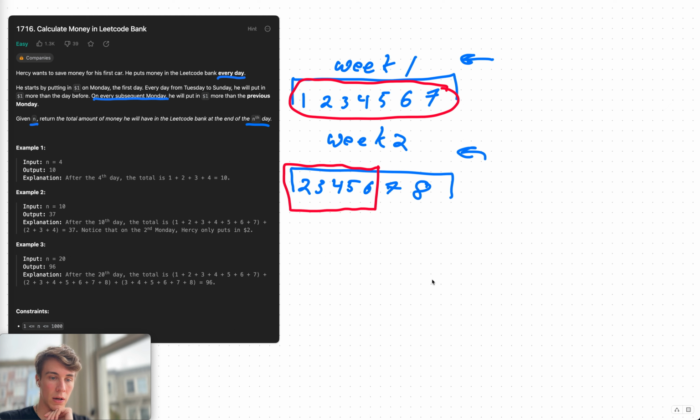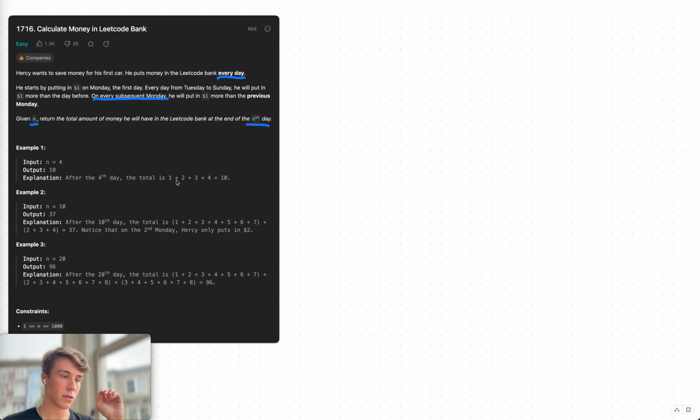All right, well, to start thinking about this, it's important to recognize what the sequence here looks like. And what it really is, is an arithmetic progression. These arithmetic progressions are very common in Leetcode questions.